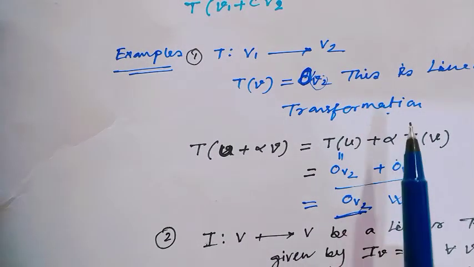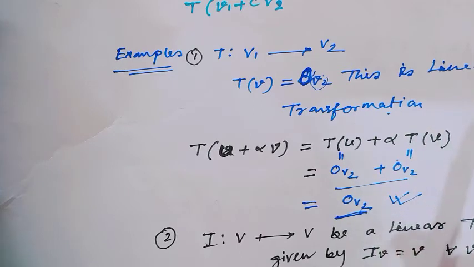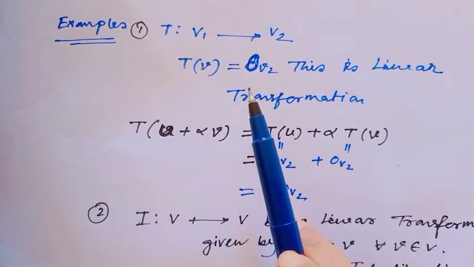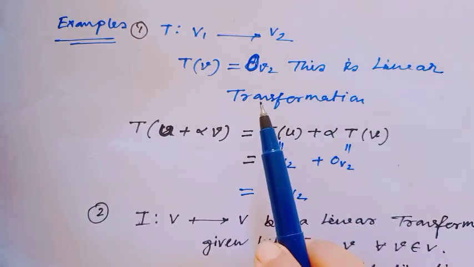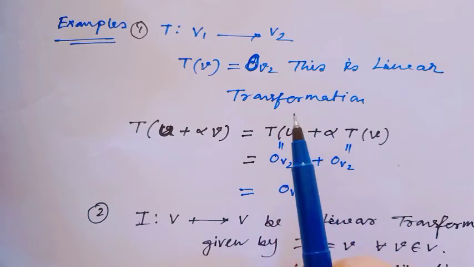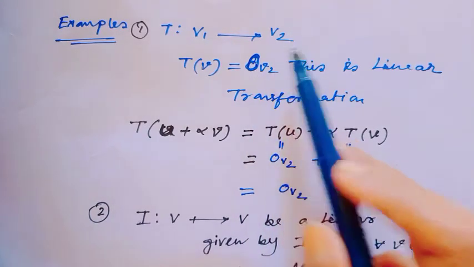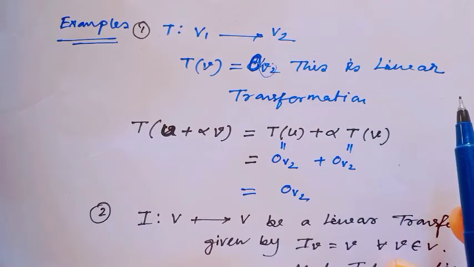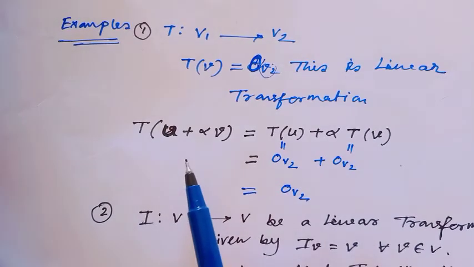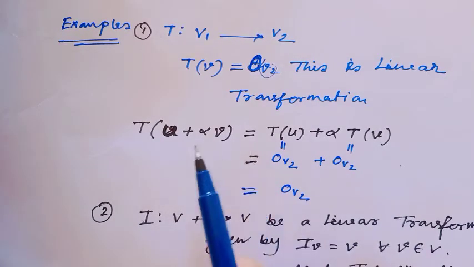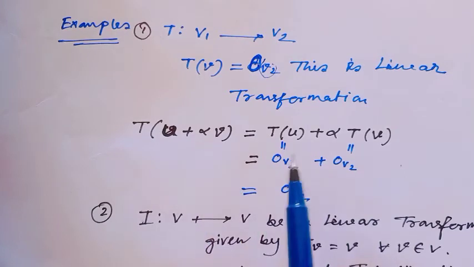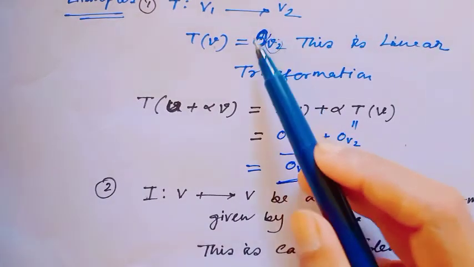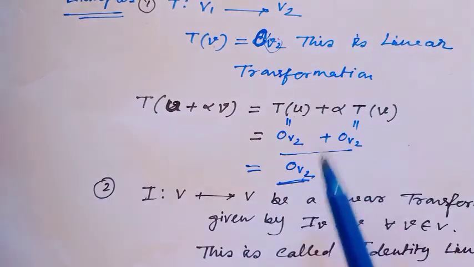Now let's see a bunch of examples of linear transformations. First example: consider a transformation T from V1 to V2 such that T(v) = 0, where this 0 is in the vector space V2.